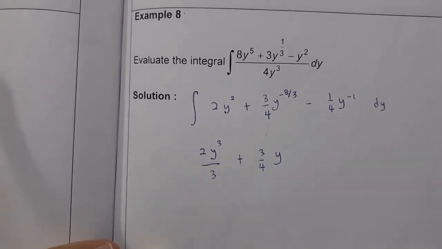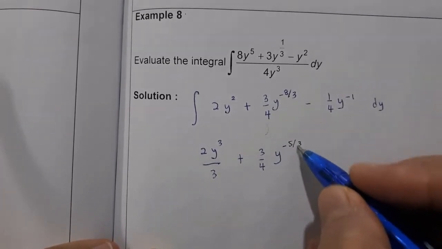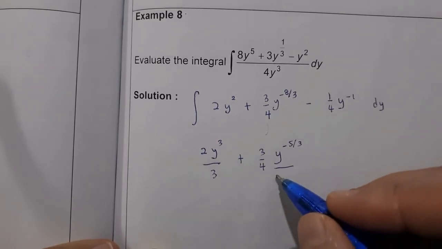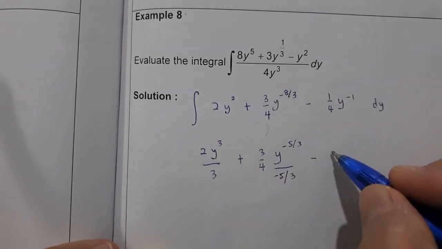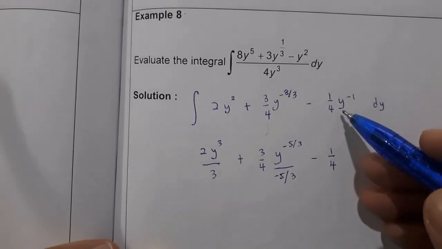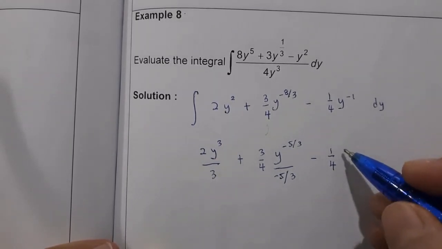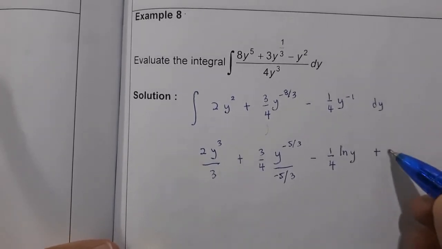Negative 8/3 plus 1, negative 5/3 over negative 5/3, minus 1/4. Integrate y^(-1), which is ln y plus c.